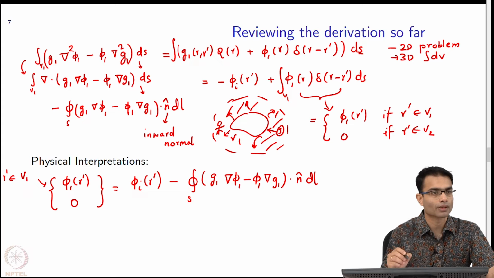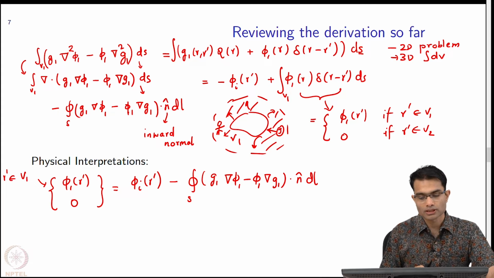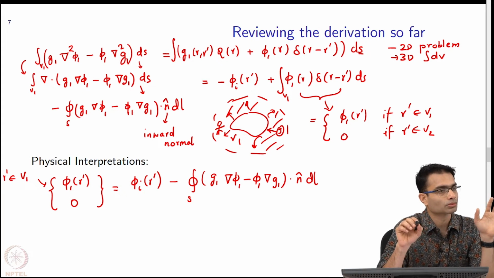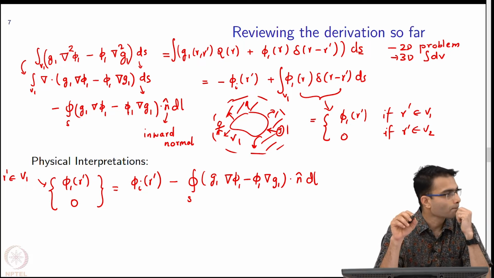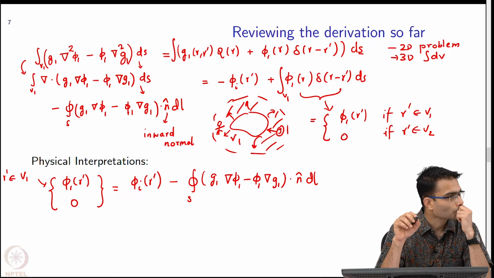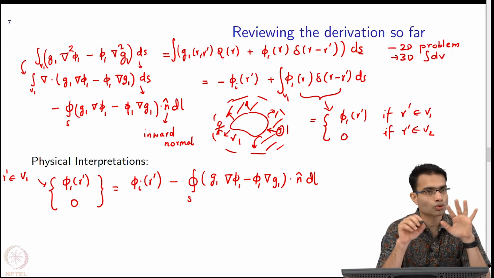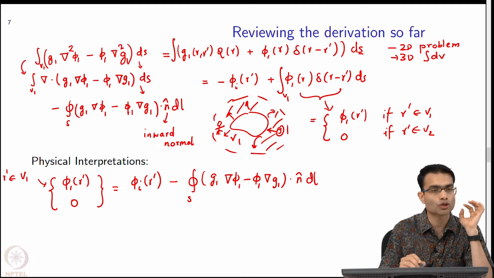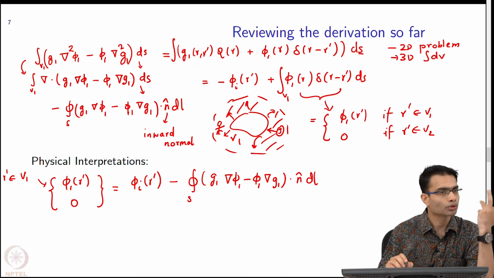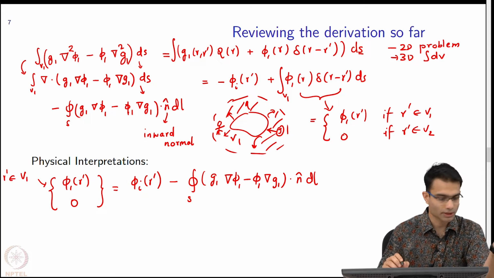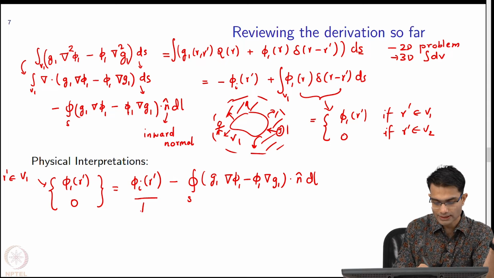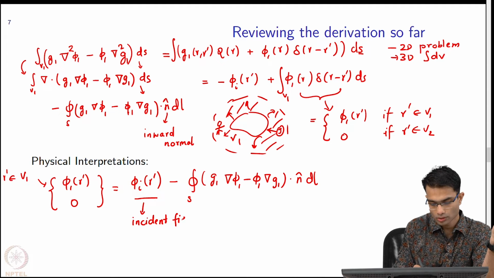Supposing there was no object, what would the observer see? There is no object, only the current source and the observer. Only the source field. So this is the incident field, with no object.